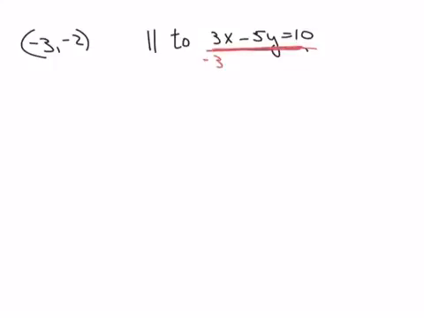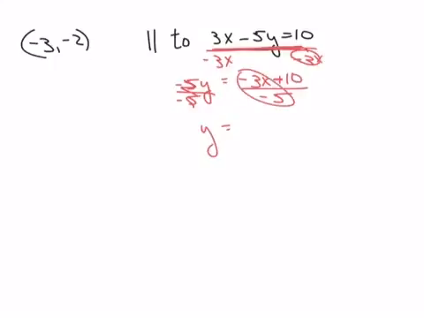So I'm going to subtract 3x, subtract 3x. So I have -5y equals -3x plus 10, because remember, the number with the x always goes first. Divide by -5, divide by -5, those go away. So I end up with y equals, and then split them up, -3x over -5 plus 10 over -5.